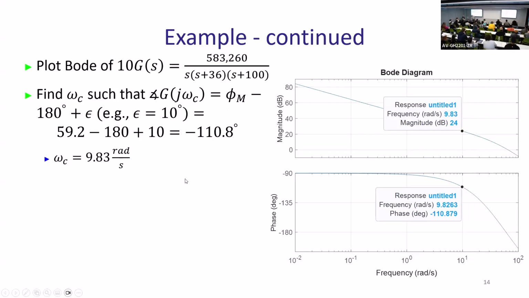So we are going again on that plot and looking where the negative 110 is, where we will have that phase margin. Right, so this phase margin will be at approximately 9.83 radians per second. You're just scanning along until you get to that point. You're identifying what omega corresponds to it.